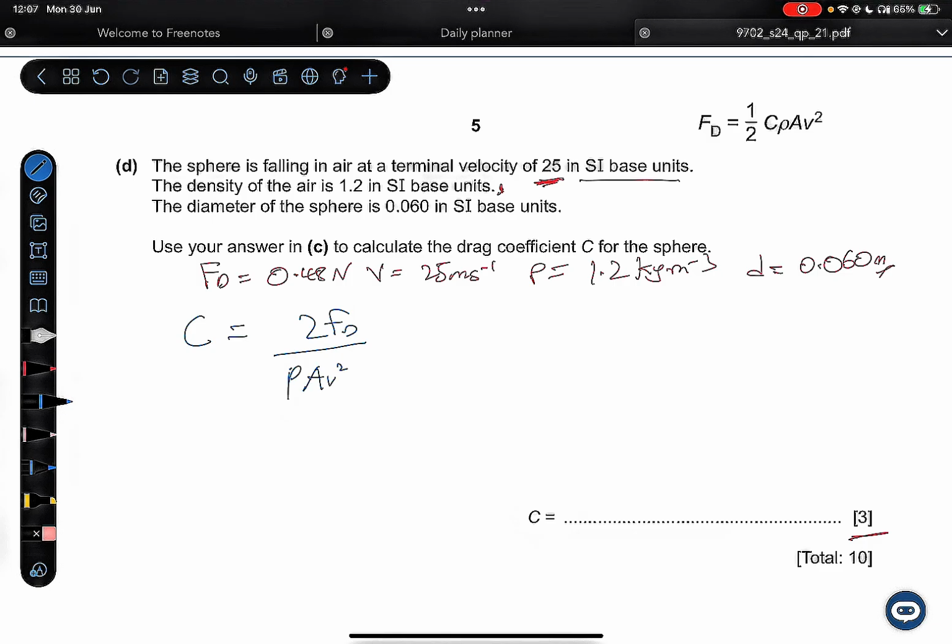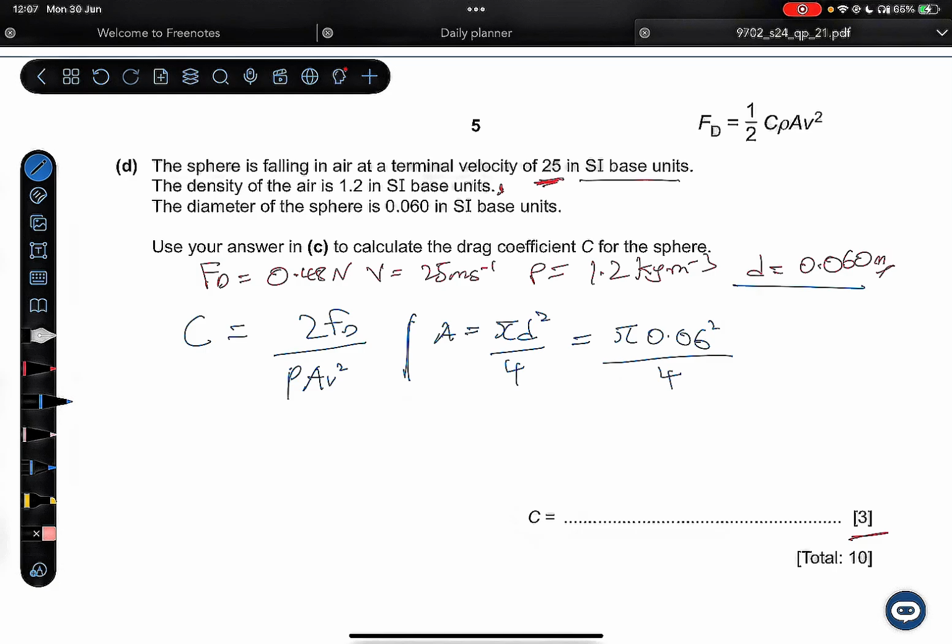Now we know that we need area, but we're given D. So we know area is pi D squared over 4. So that's going to be pi times 0.06 squared over 4.